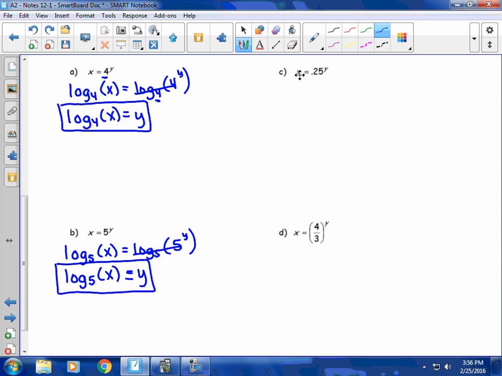Over to C up here. X equals 0.25 to the y. Just take the log base 0.25 of both sides. So log base 0.25 of x equals log base 0.25 of 0.25 to the y. These cancel. Log base 0.25 of x equals y.